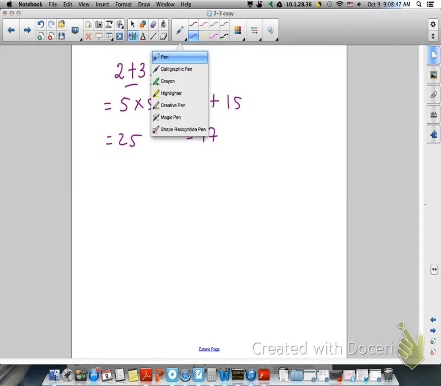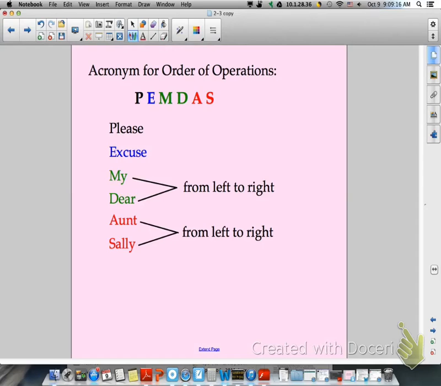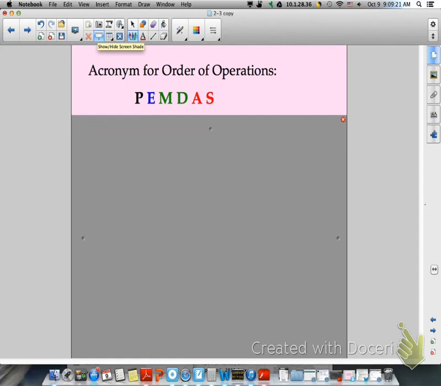Now, you may make the argument that there is no parentheses here. Okay? I'm going to use my magic pen. You might say, oh, there's no parentheses there. If there's no parentheses, then you should just go from left to right. Now, that may make sense, but if you look at the rules, which we call the order of operations, P comes first.